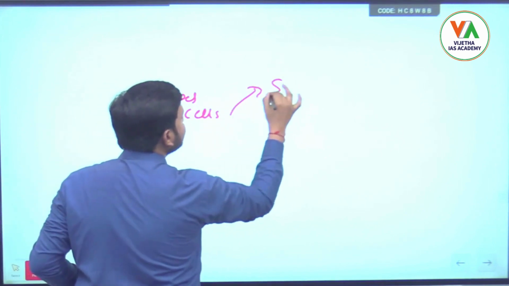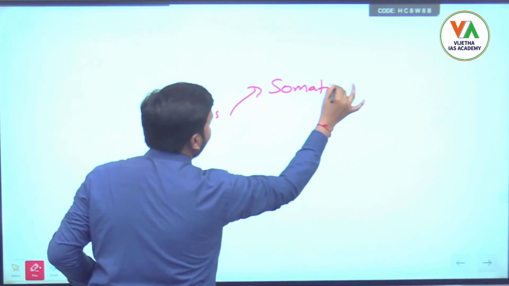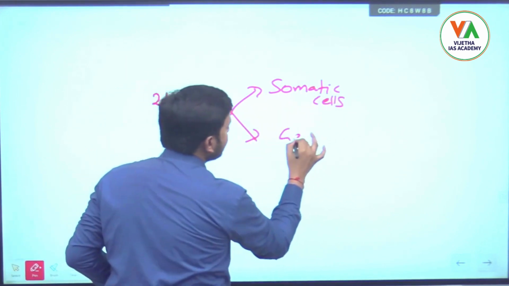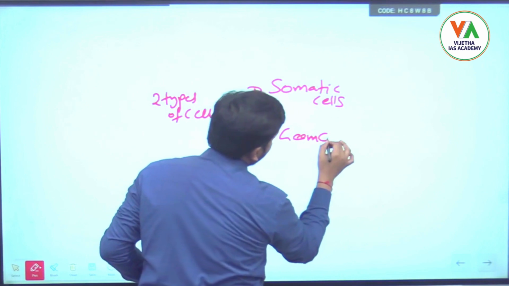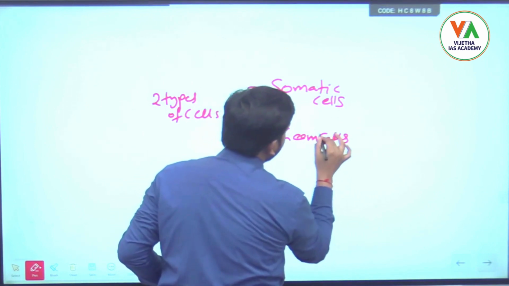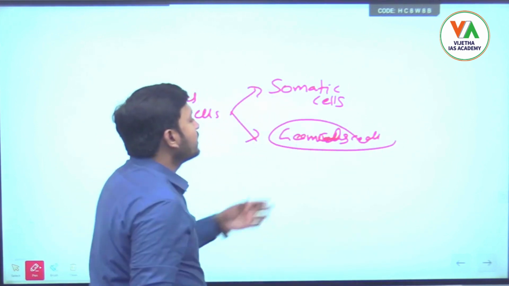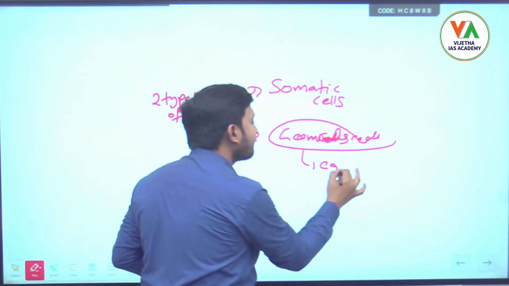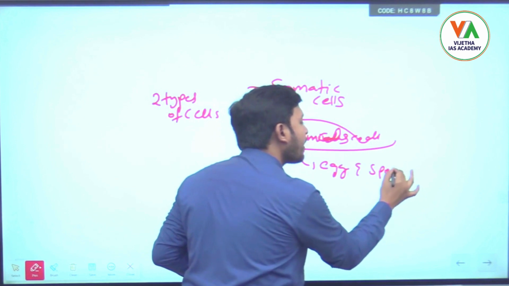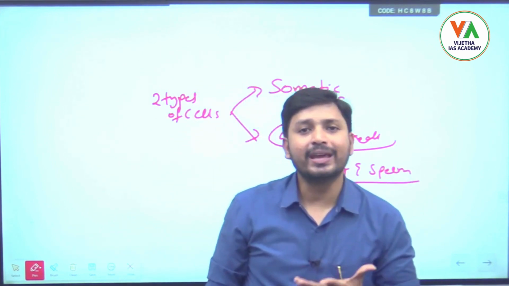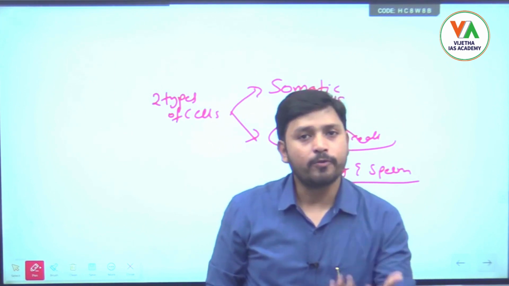One is somatic cells, second one is germinal cells. These are nothing but egg and sperm. Germinal cells are nothing but egg and sperm, which are responsible for forming babies, right?